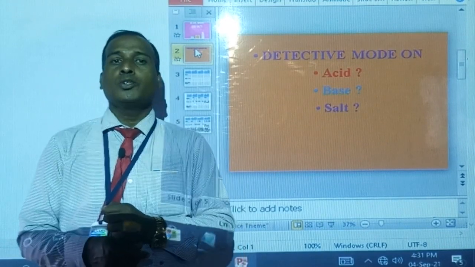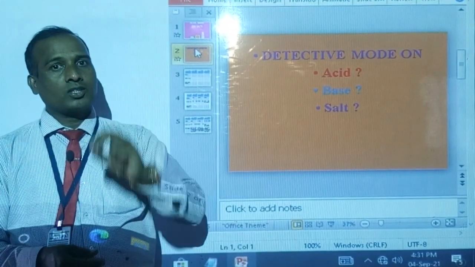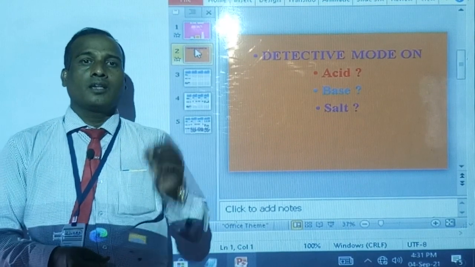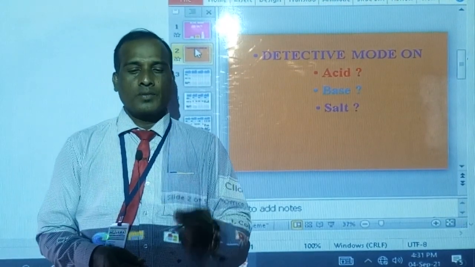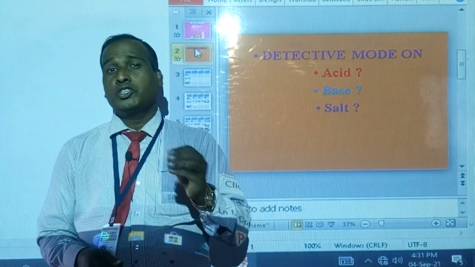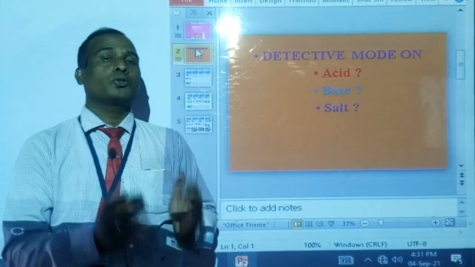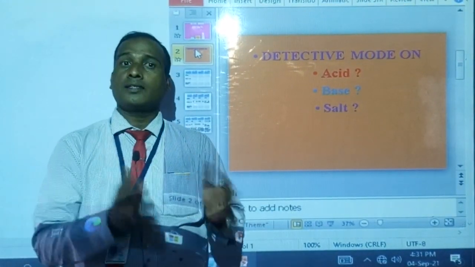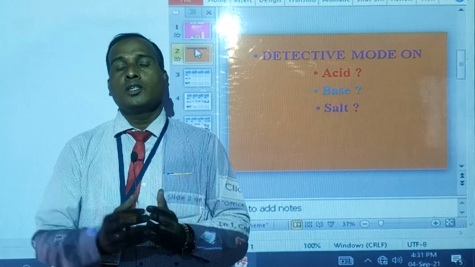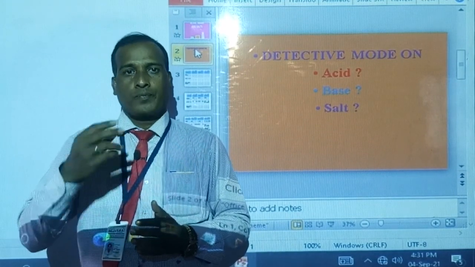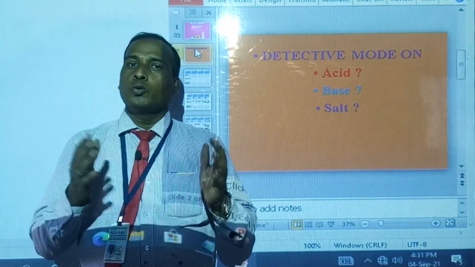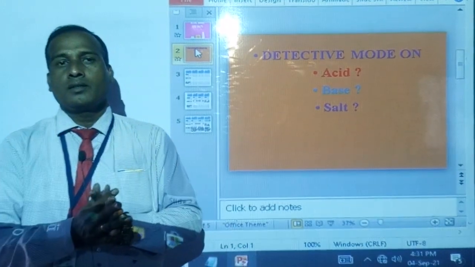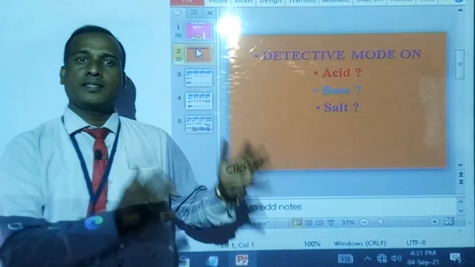Yes, that is also sour taste. So substances like orange, amla or lemon have a sour taste, so these belong to acids. Acidic substances. That means a substance that tastes sour, we can say these are acidic substances.